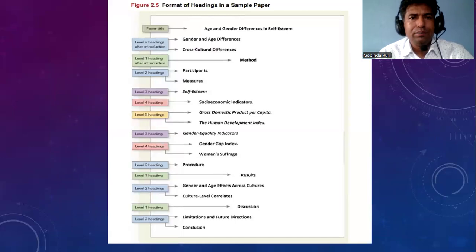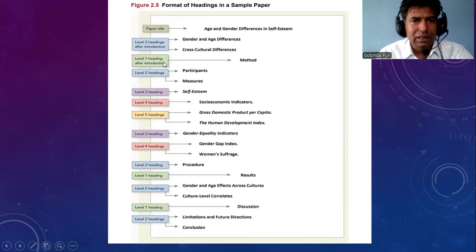Here is the sample paper and the format of headings in the sample paper. You can see here the paper title, Age and Gender Differences in Self-Esteem, and then Gender and Age Differences, level 2 headings after the introduction.